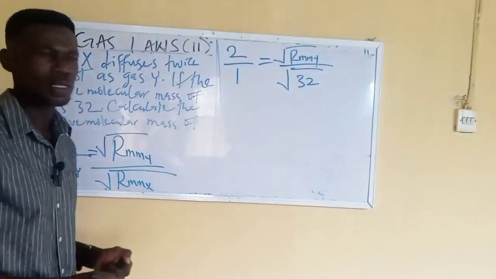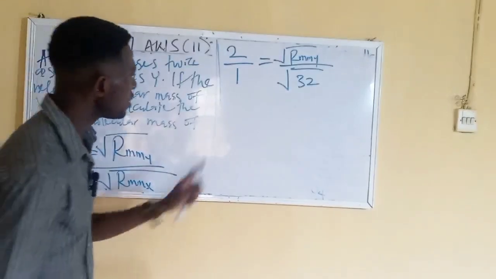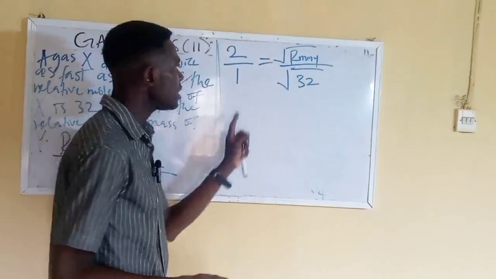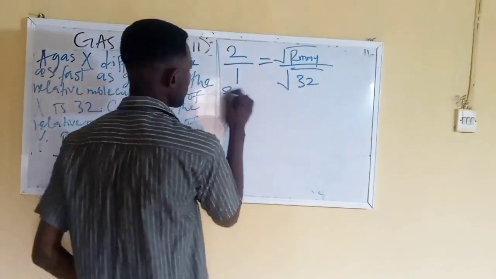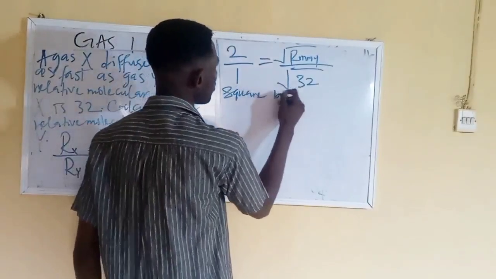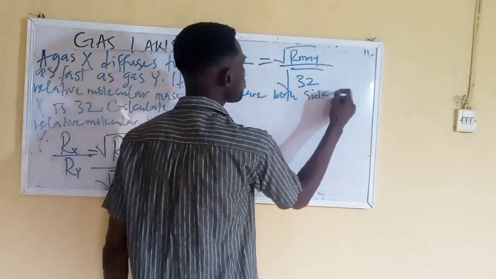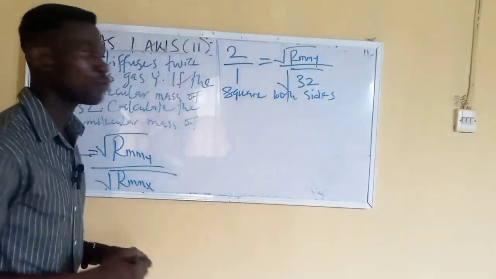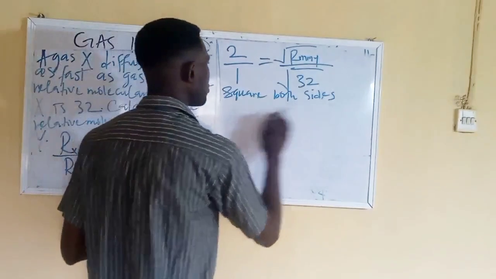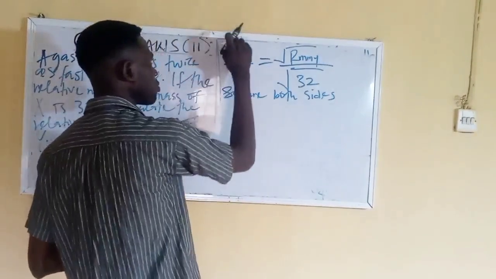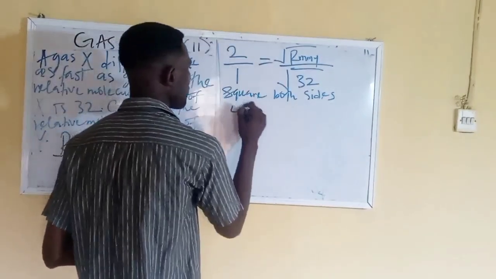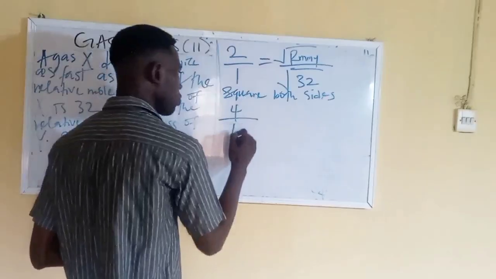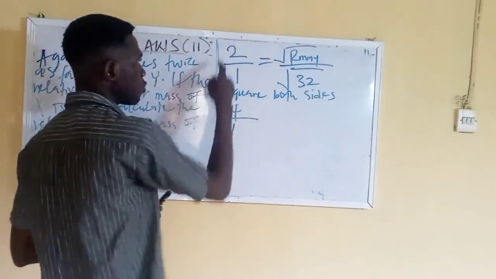So what's the next thing we do here? We can actually square both sides. Now, why are we squaring both sides? To eliminate this root. Now, if you square both sides, square of 2 is 4, and square of 1 is still 1, because 1 square is still 1, but 2 square is 4.